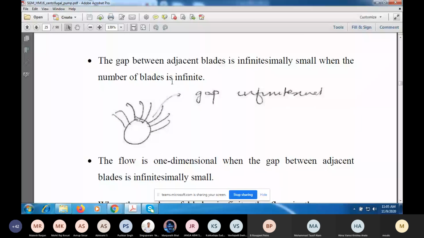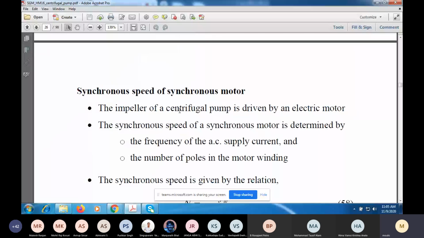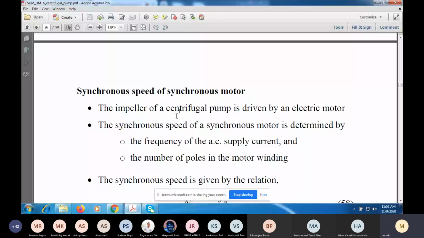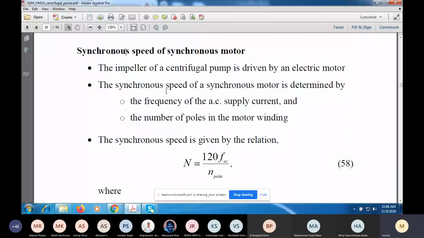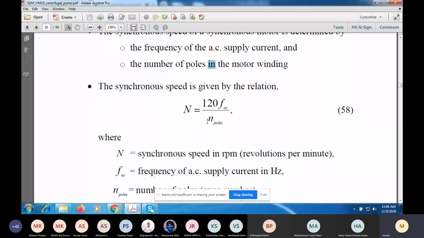Now in reality, of course, why the speed will be constant, you may wonder. Well, usually the impeller is driven by an electric motor, which could be a synchronous motor. And the synchronous speed is determined by the frequency of the AC supply current and the number of poles in the motor winding. This is a relation similar to what you have seen before in the context of generation of electricity.